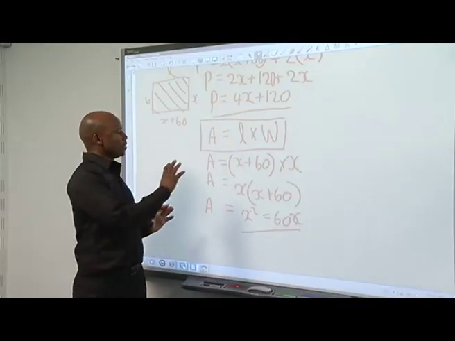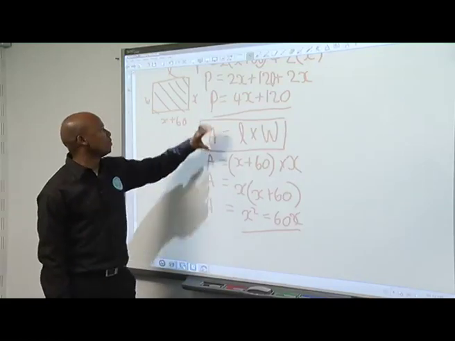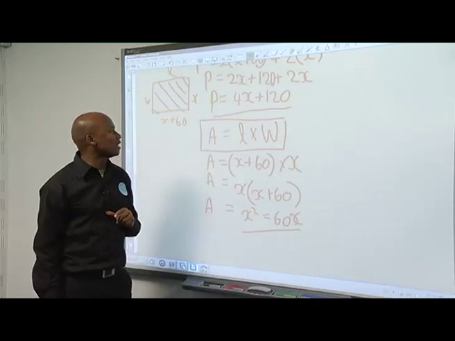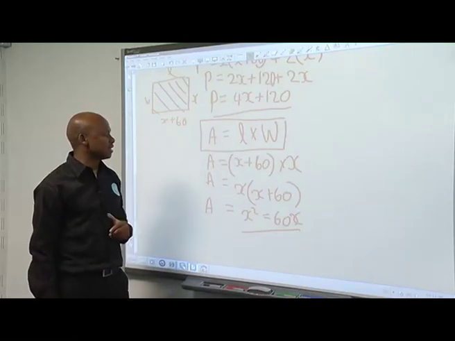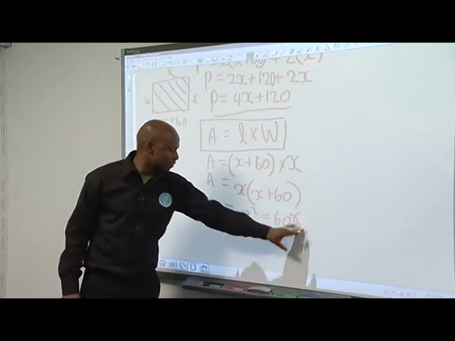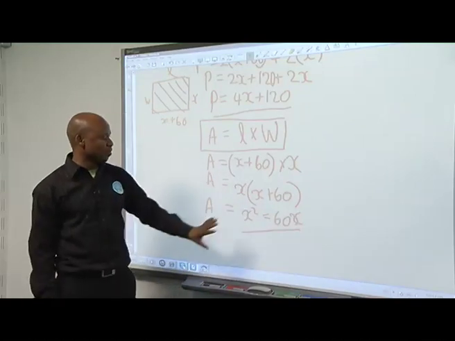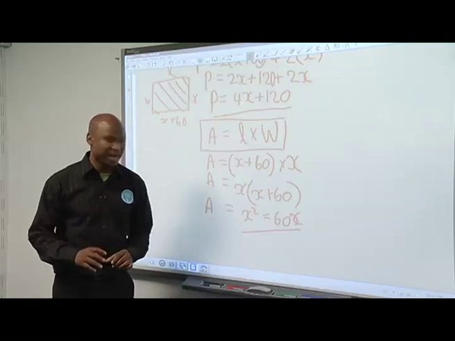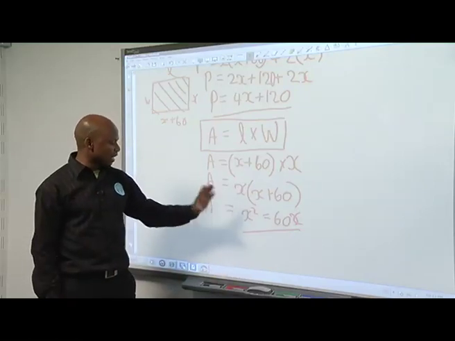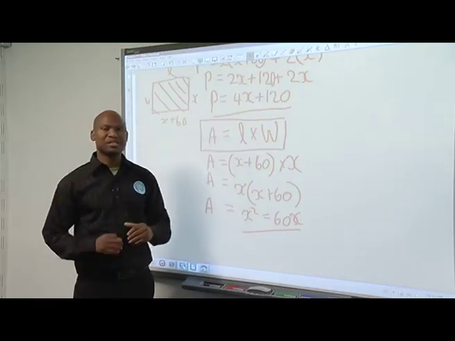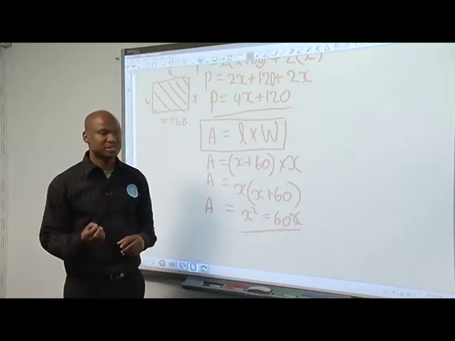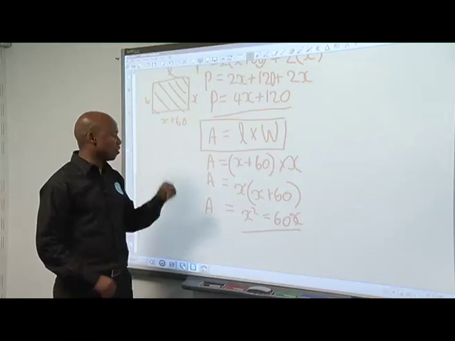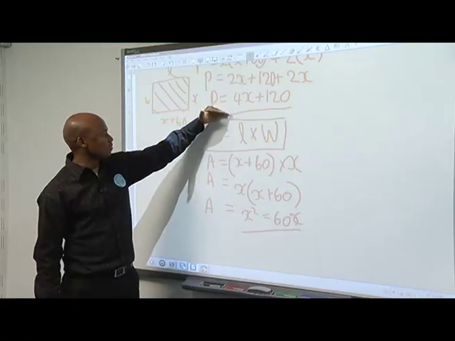Now we have two things here. We have the perimeter of our shape, which is our rectangle, and we also have the area of our shape. This is the expression in terms of x of the area, and this is the expression in terms of x of our perimeter.